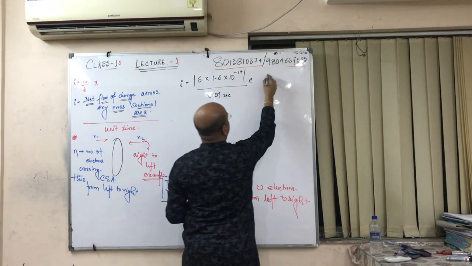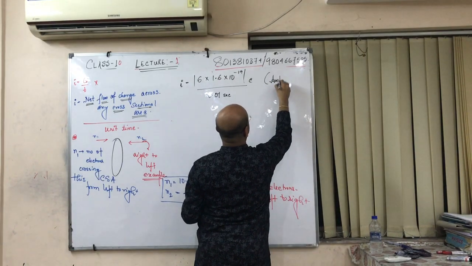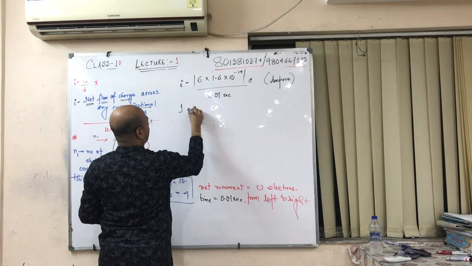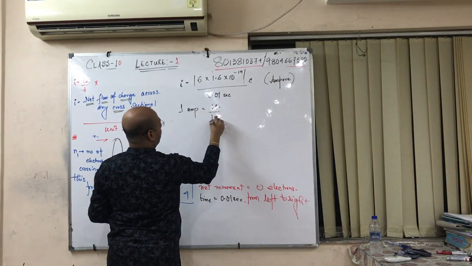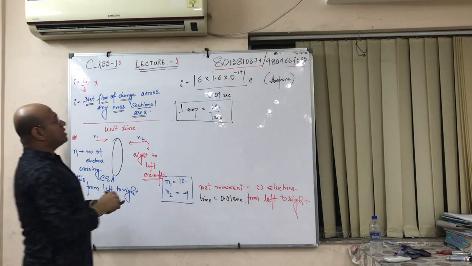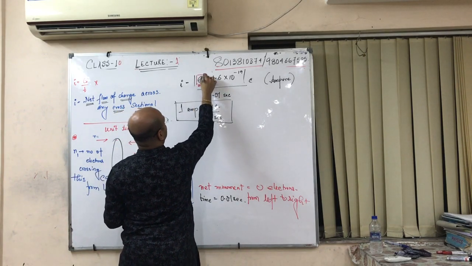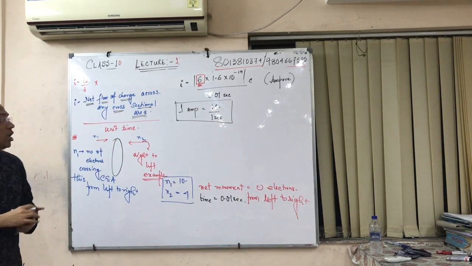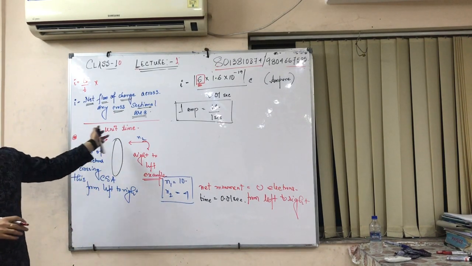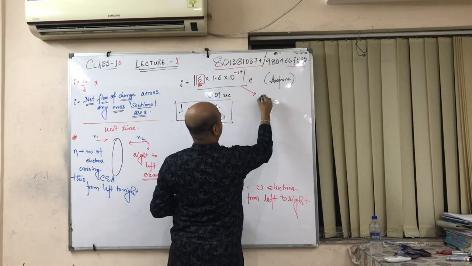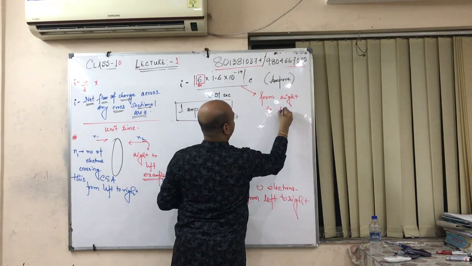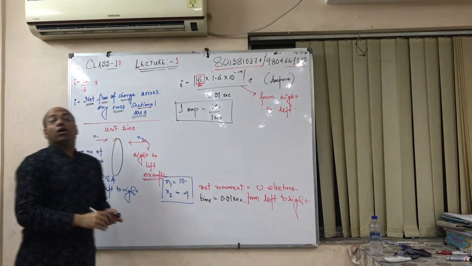The unit comes out to be ampere. So we say 1 ampere is equal to 1 coulomb per 1 second. Why this 6 over here? This 6 is the net flow of charge from left to right, and if negative charges flow from left to right, current is directed from right to left.